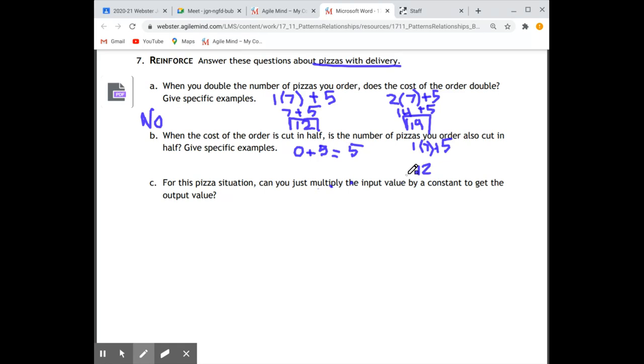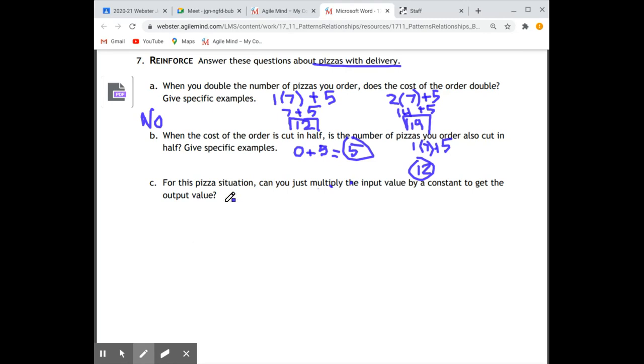So if this equals 12 and if we halve our order, 12 divided by 2 is what? 6. So is that 5? No. So our answer once again would be no. If we cut it in half, the cost of the order is not also going to be cut in half, because of the delivery charge.